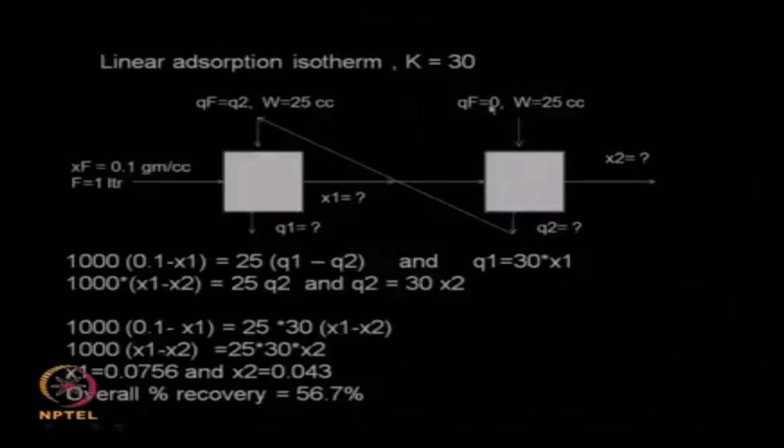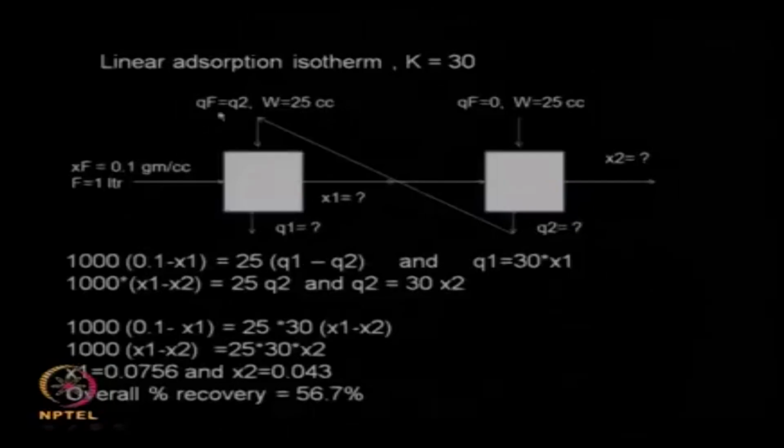If you have a 3 stage counter current system, the adsorbent is added fresh in the 3rd stage, so only there can you assume QF equal to 0, whereas in other stages you cannot assume the concentration of solute adsorbed on the adsorbent as 0.